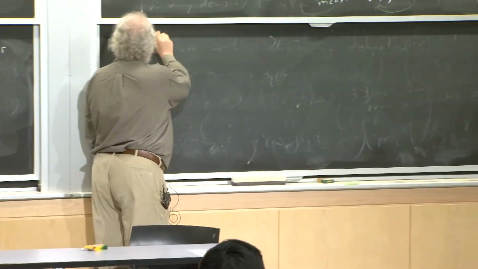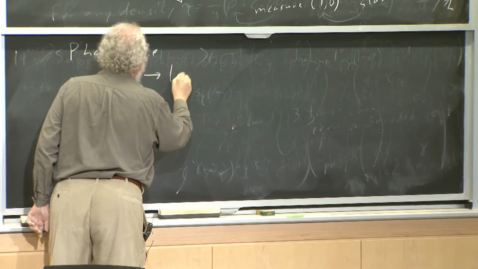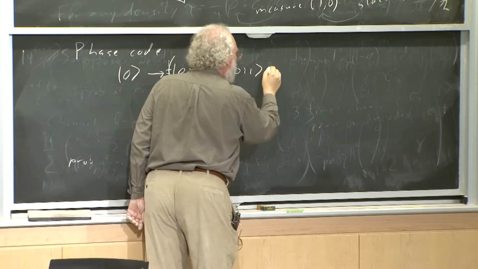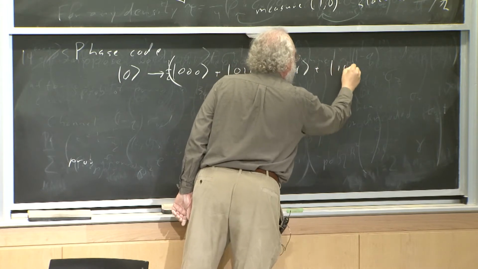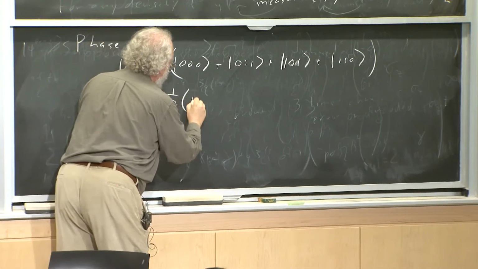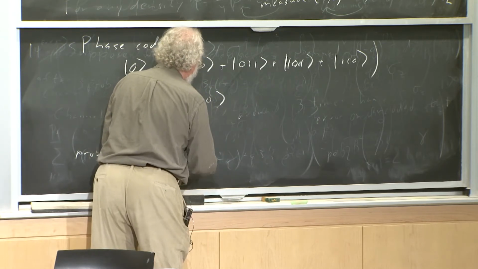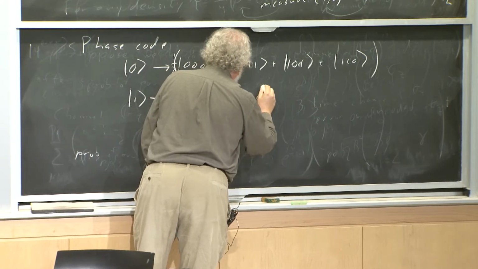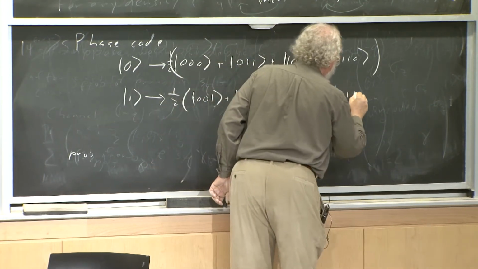So phase code, 0 goes to 1/2 of 0,0,0 plus 0,1,1 plus 1,0,1 plus 1,1,0. 1 goes to 1/2 of 0,0,1 plus 0,1,0 plus 1,0,0 minus 1,1,1.